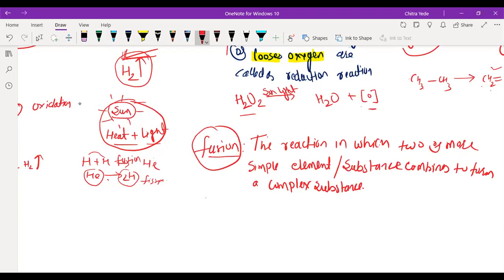Fission reaction is just the opposite of fusion reaction. Fission means breakdown of a complex substance into simpler forms.